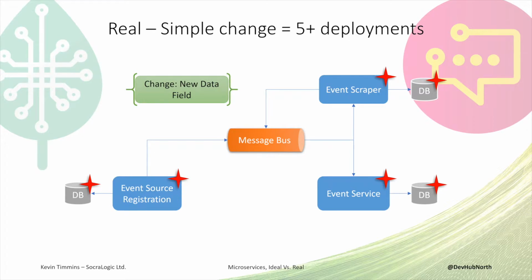So for example, in the event service, we actually just need to identify the specific fields that we're interested in, and for everything else, we could just put them into a map of strings to objects.